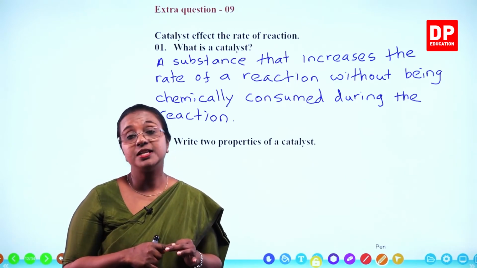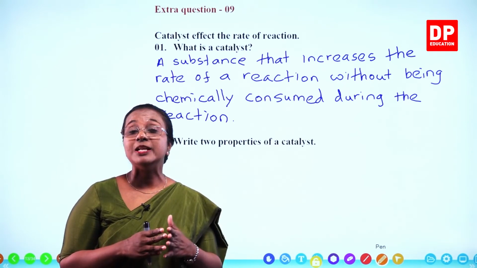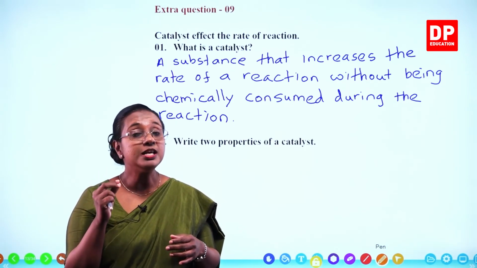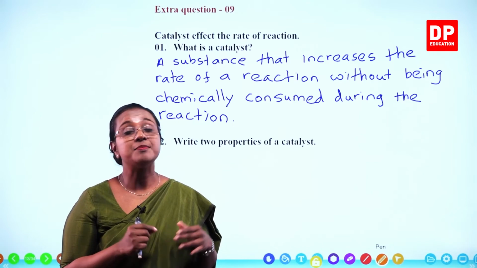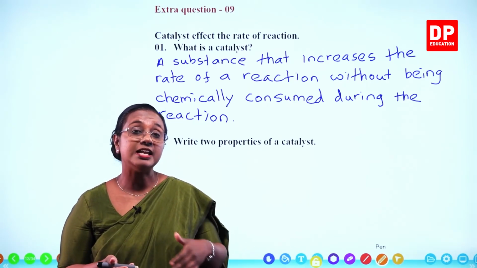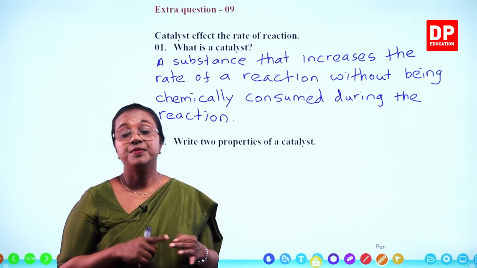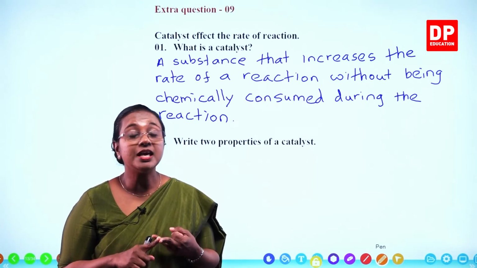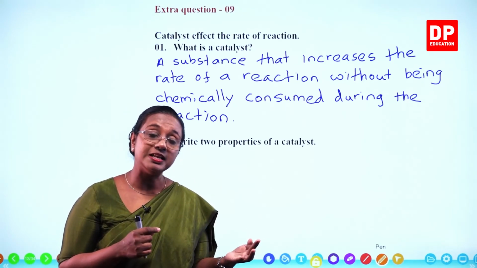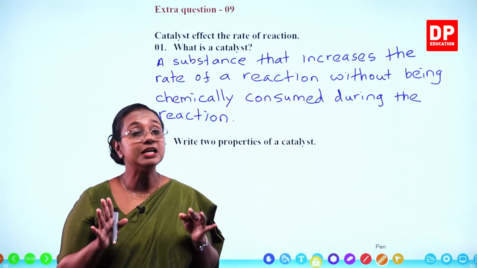A small quantity is needed enough to catalyze a reaction. If you remember, when we did the practicals, we only used 0.2 grams of manganese dioxide, a very small amount. That is more than enough to catalyze the reaction. So, that is another factor. And also, they are not chemically consumed. They participate in the reaction. That's why they increase the rate, but they are not chemically consumed.